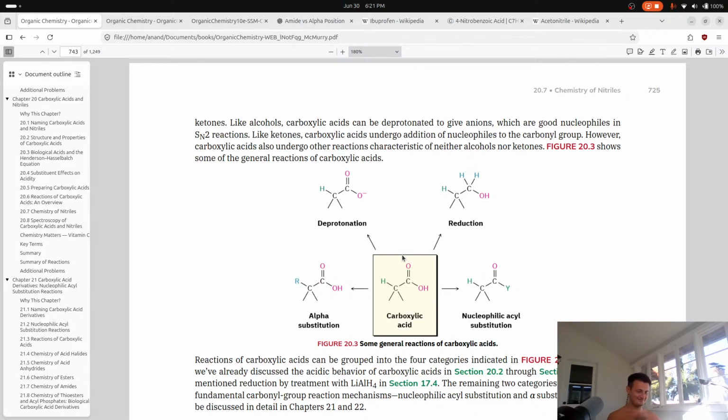Let's just. Okay, so we have reduction. So this reduction is with H plus, I think. And so we have CH3CH2OH. Okay, so we have reduction, where we basically just get rid of the carbonyl.